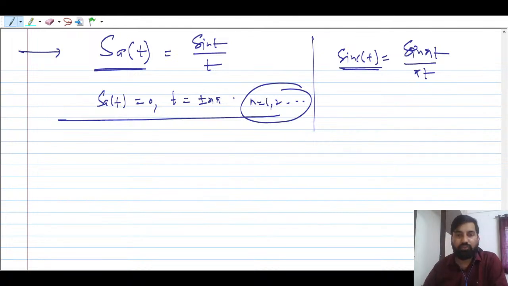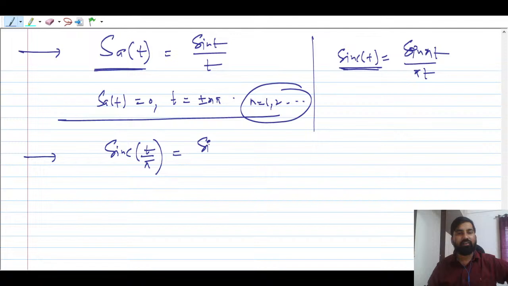Fine. So these are the concepts that you have to remember, and you can also see the relation between SA of t and sinc of t. If you say sinc of t by pi, it is going to be sine of pi into t by pi, divided by pi into t by pi.